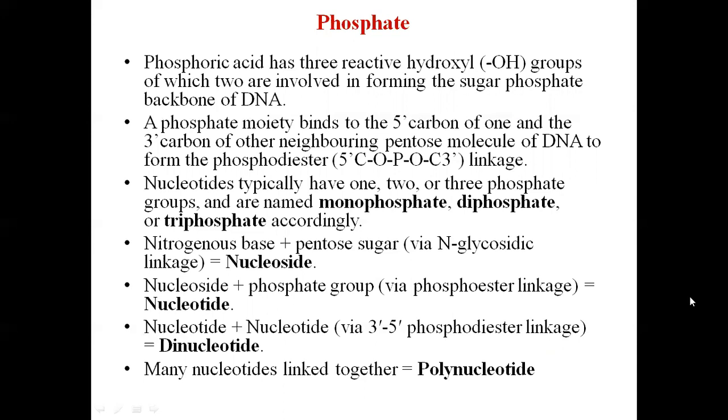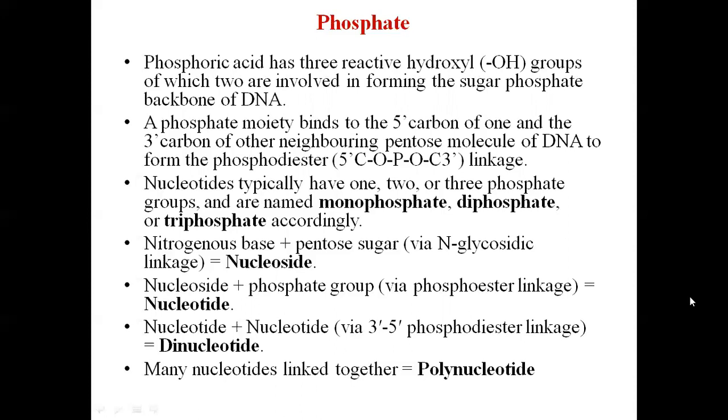You just see here a nitrogenous base and a sugar, pentose sugar. So the sugar is linked to the base by means of an N-glycosidic bond. Base with sugar is called a nucleoside.